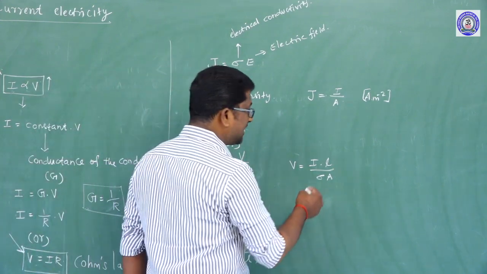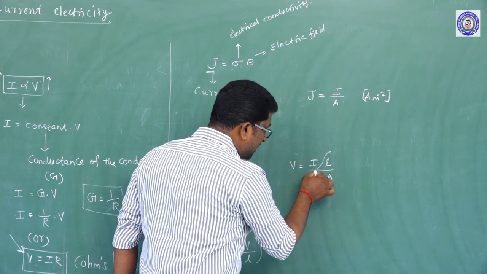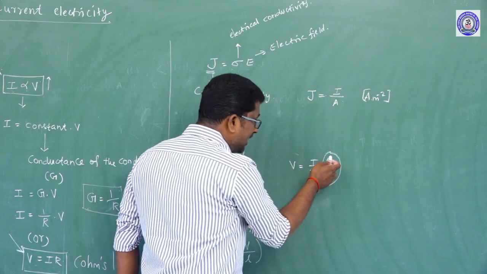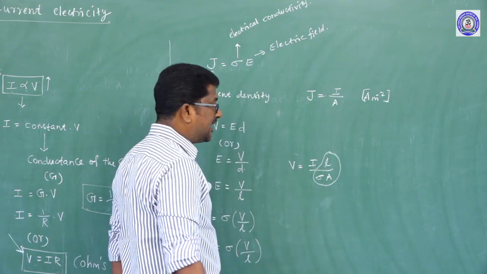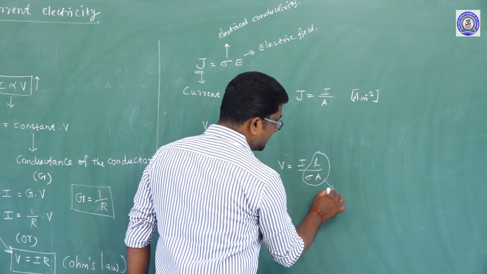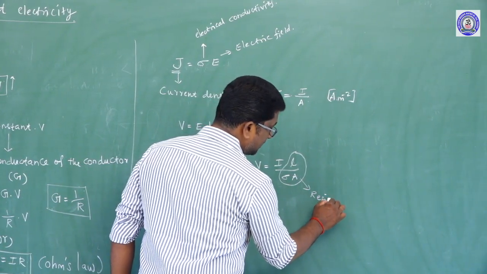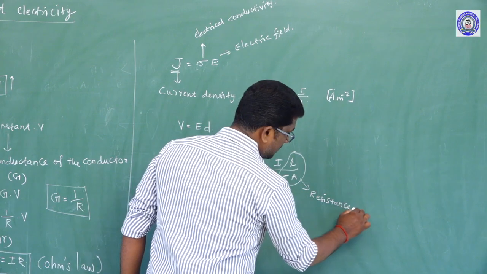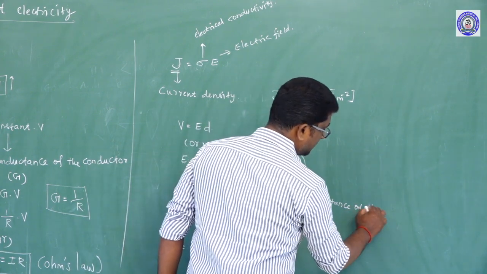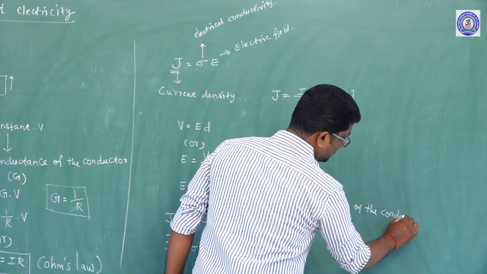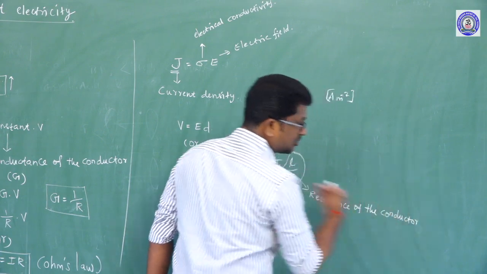In this equation, the quantity L divided by sigma into A is called the resistance of the conductor, or the resistance of the metallic wire.